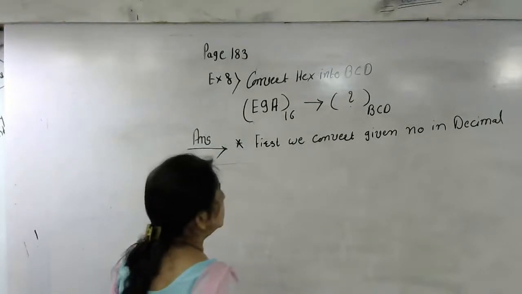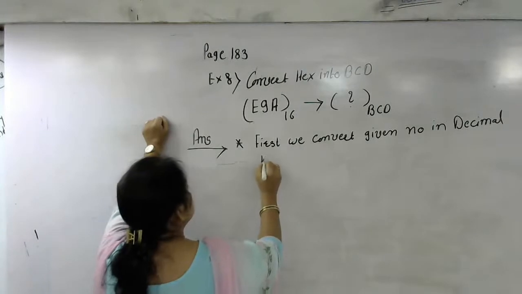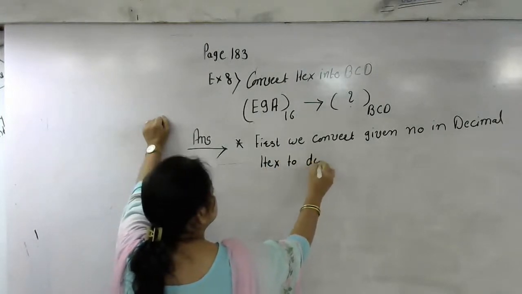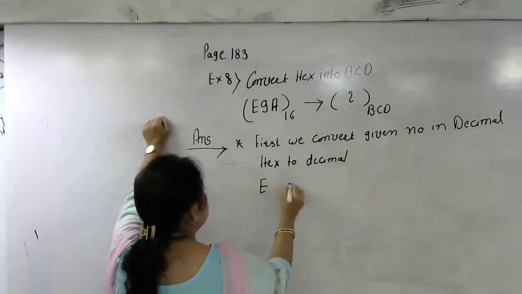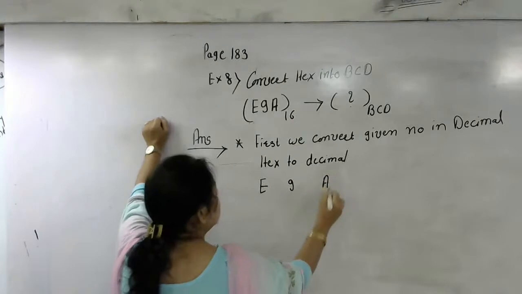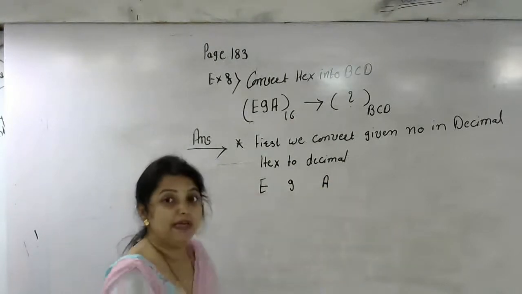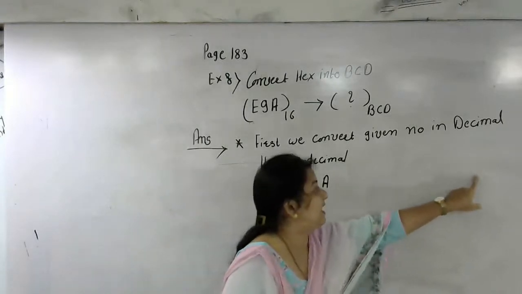First we convert the given number into decimal. So hex to decimal, E9A. For conversion from hexadecimal to decimal, remember the type where I write binary, decimal, hexadecimal.